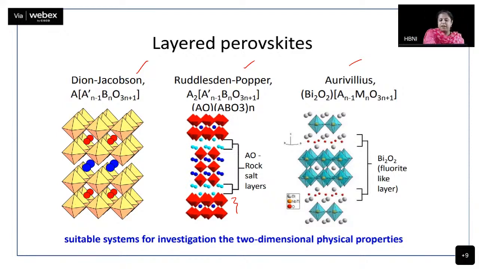So this kind of structure we can empirically define as AO(ABO3)n. And actually this n is the number of ABO3 layers which are interspersed by your rock salt layer. And this n also controls the properties of the Ruddlesden Popper phase.